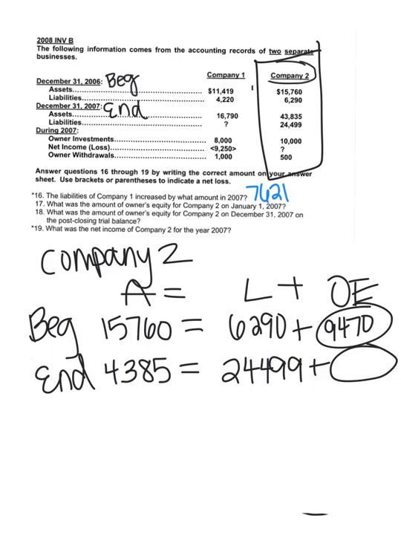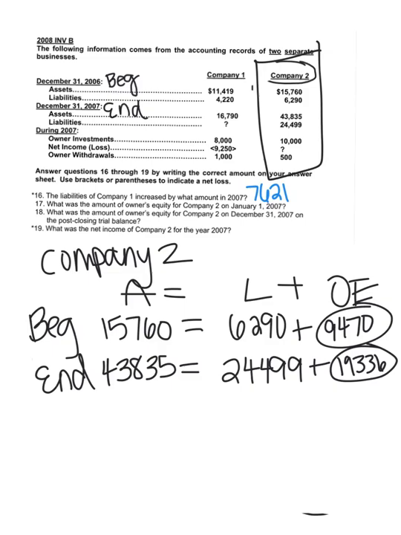Let me rewrite the assets real quick. Okay, $43,835. There we go. So subtract liabilities from assets to get ending owner's equity. And that would be $19,336.